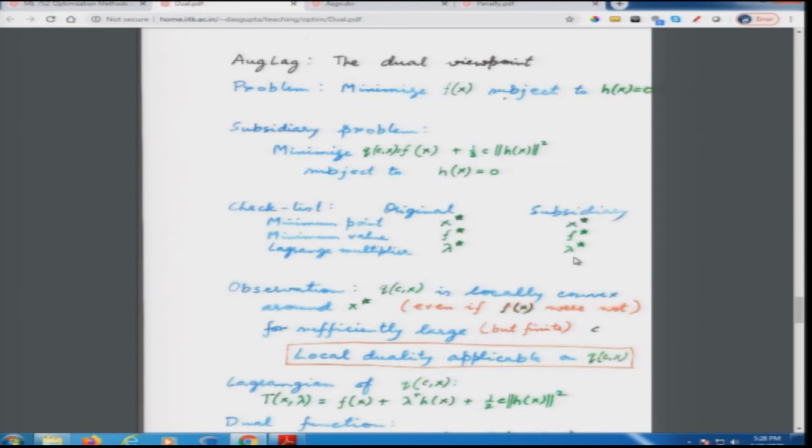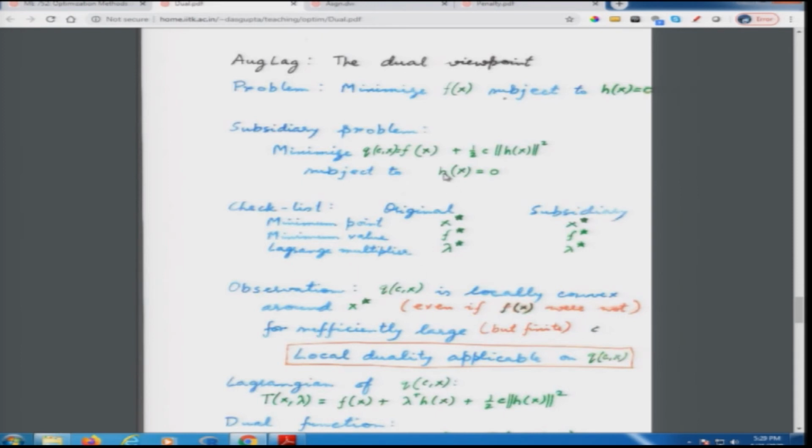The subsidiary also has the same things. And now you make an observation that this penalized function is locally convex around x star, even if f x were not. F x did not have any business to be locally convex for sufficiently large, but still finite C.